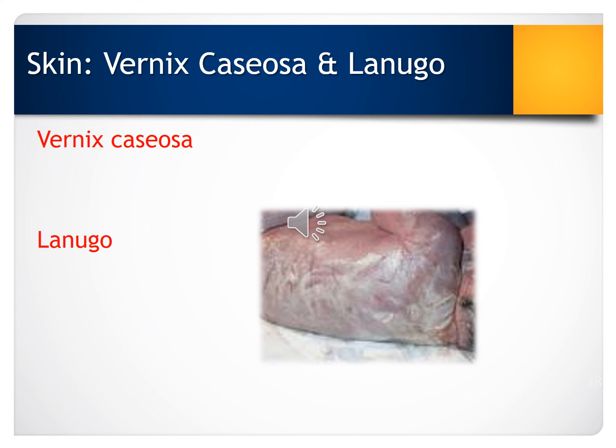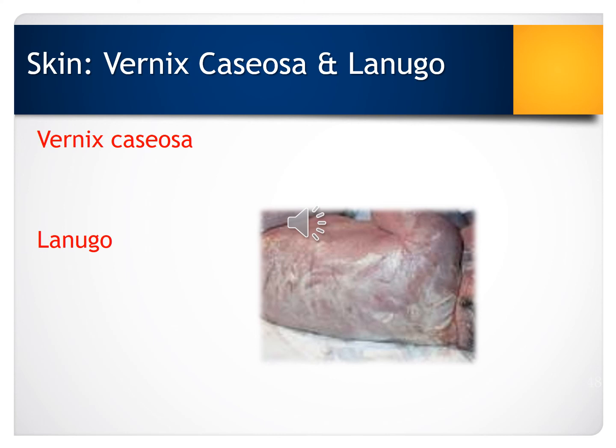When we see a baby with vernix, this can be an indication of gestational age. We can guesstimate whether this baby is preterm, term, or post-term, depending on how much vernix is there.